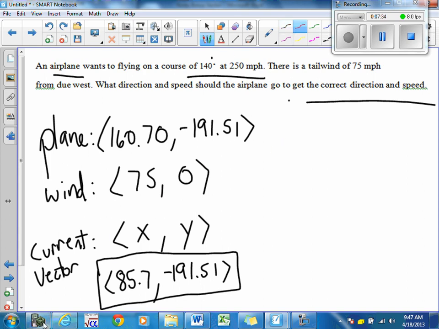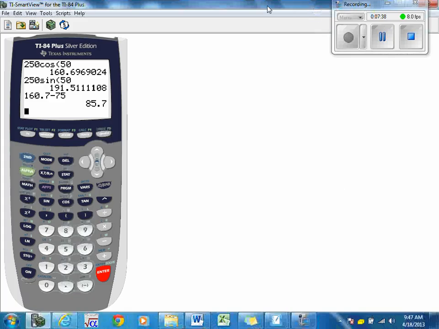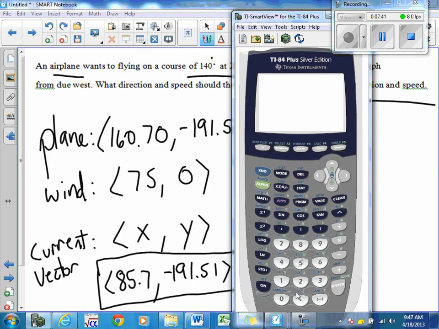Now I need to convert this back, so I can do 85.7 squared plus 191.5 squared.